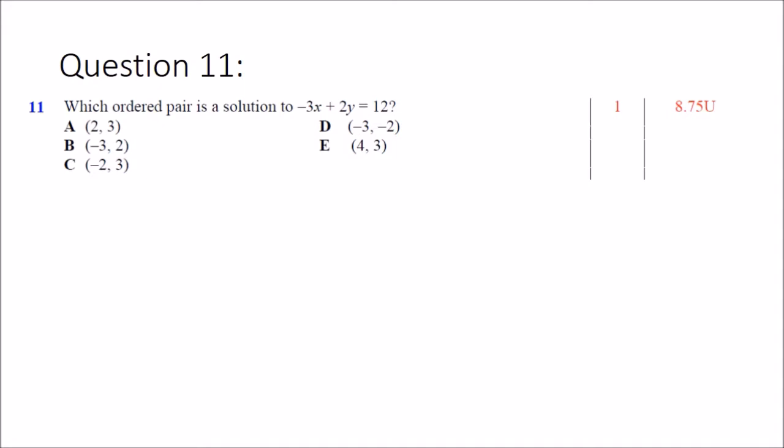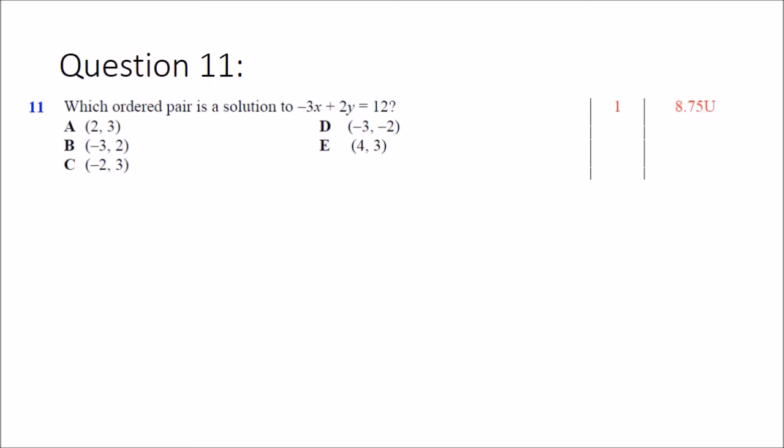What this means is that if both my x values and my y values were positive, what I'm going to end up with is a number that's actually fairly small. When I look at these, most of my options are pretty close to each other, so they're 2 or 3 or something like that.